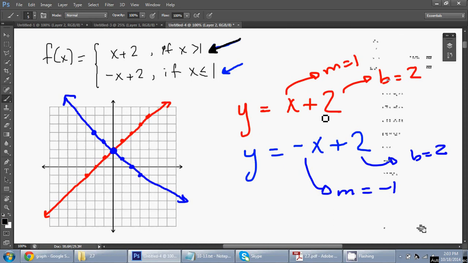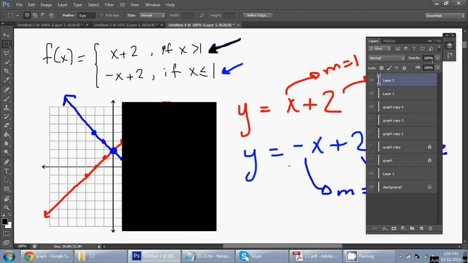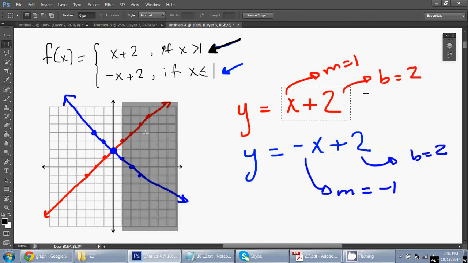So first I want to see what part of the graph represents x greater than 1. x equals 1 is right here, and so x greater than 1 is this whole section over here, this whole gray section I've colored in. Everything from that part forward is x greater than 1. So they're saying only graph x plus 2, the red line, when x is greater than 1.